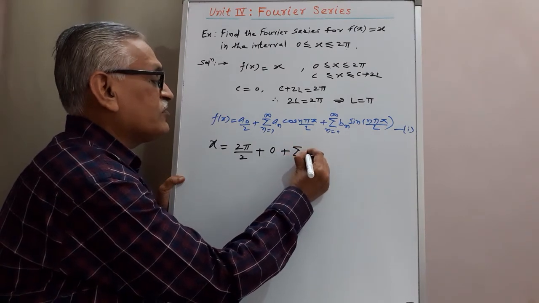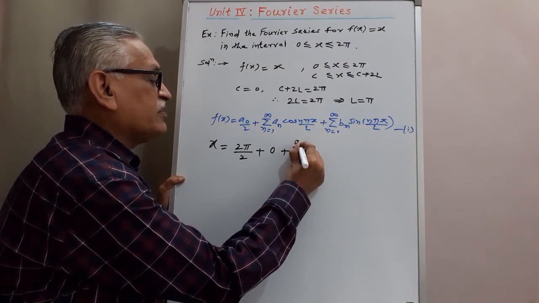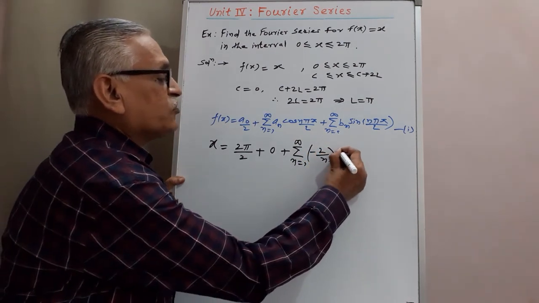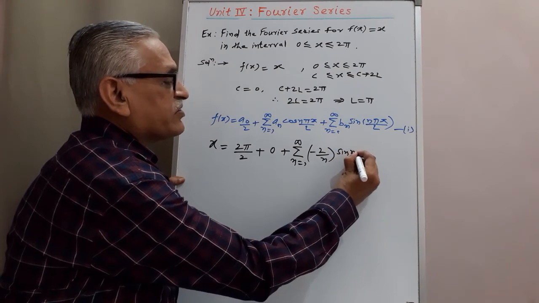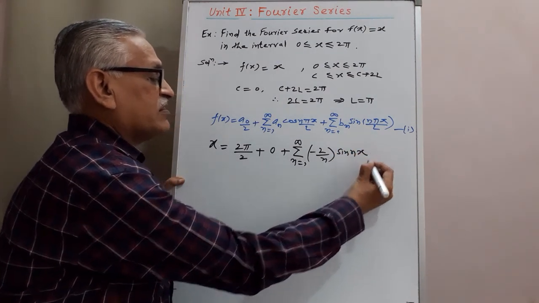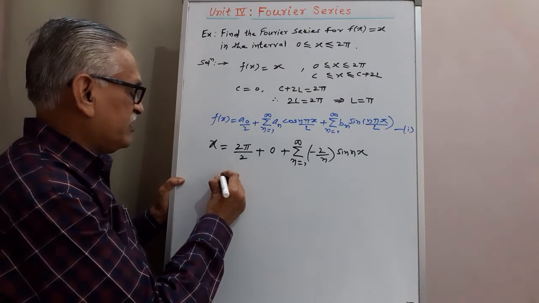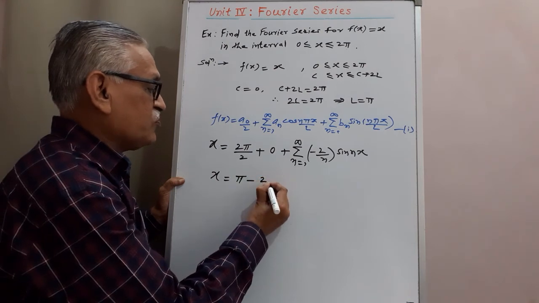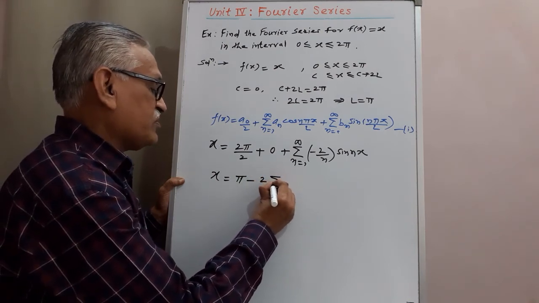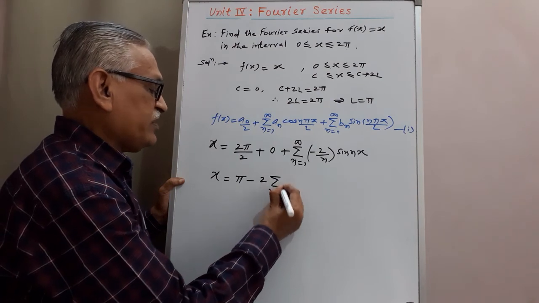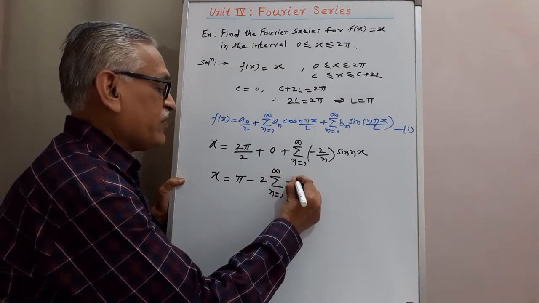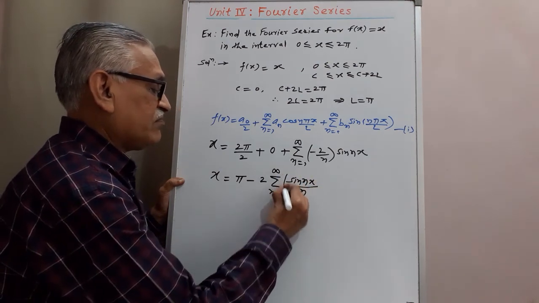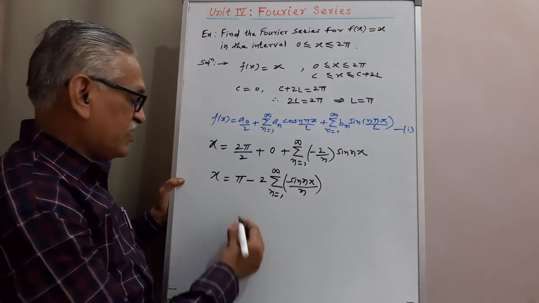Summation from n equals 1 to infinity, the value of Bn is minus 2 divided by n into sine nx, π gets cancelled once again, and therefore that series is π minus 2 summation from 1 to infinity sine of nx by n is the required Fourier series.